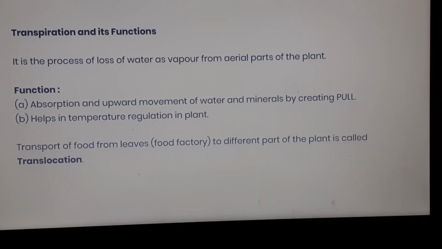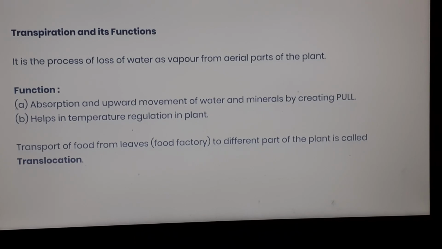So this transpiration pull theory is also important for absorbing water from the soil. So absorption and upward movement of water and minerals happens by creating a pull, that is the transpiration pull theory. It also helps in temperature regulation in the plant, maintaining the temperature.